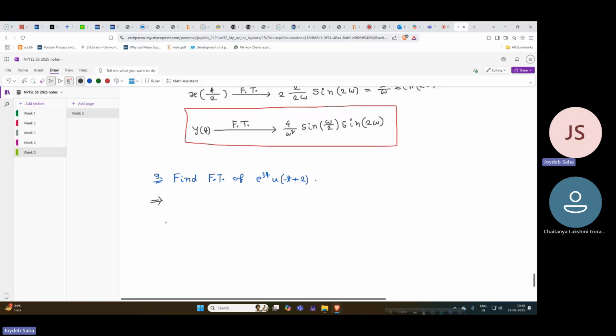Okay, let us solve. We know e to the power minus at u(t), its Fourier transform is 1 upon a plus j omega.